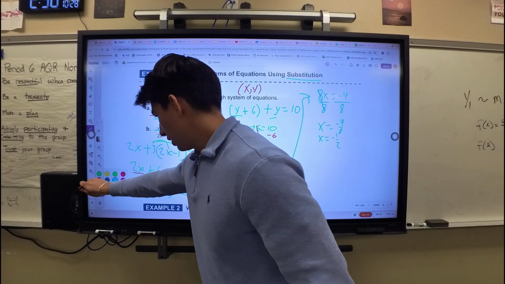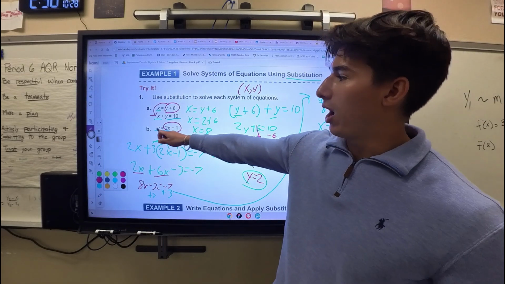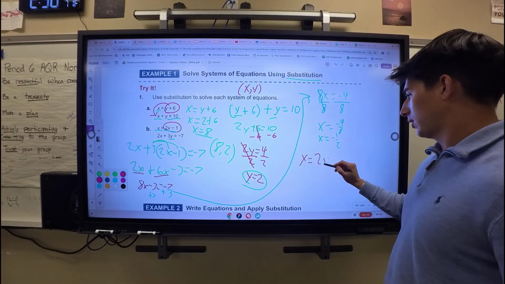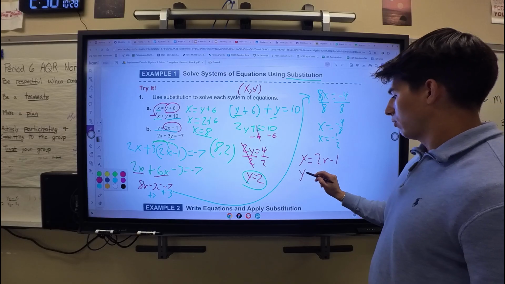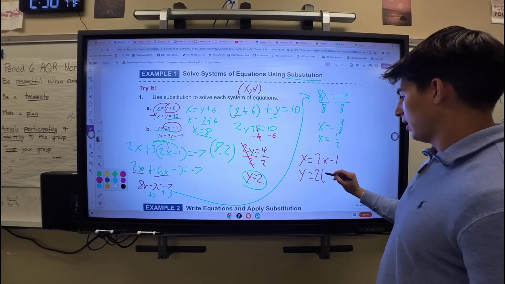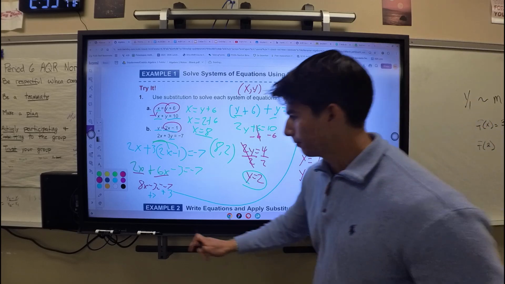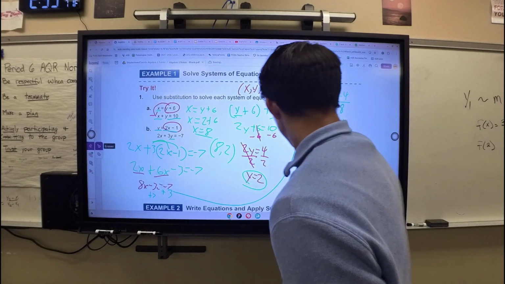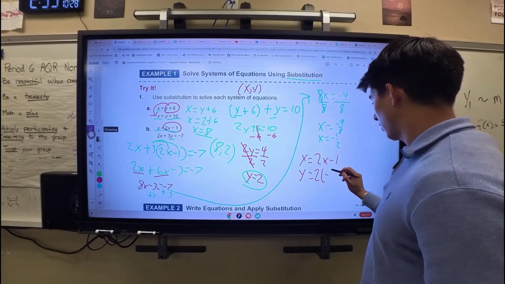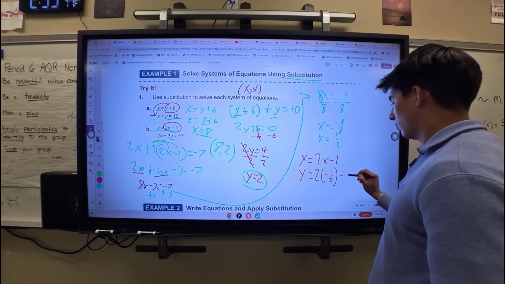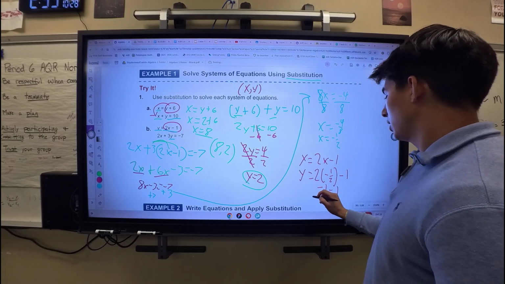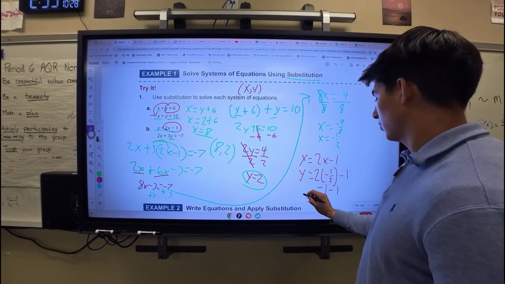But we are not done yet because we need to find y. So we know y equals 2x minus 1. We know x is negative 1/2, so we can replace that. 2 times negative 1/2 is negative 1, minus 1 is negative 2, equals y.